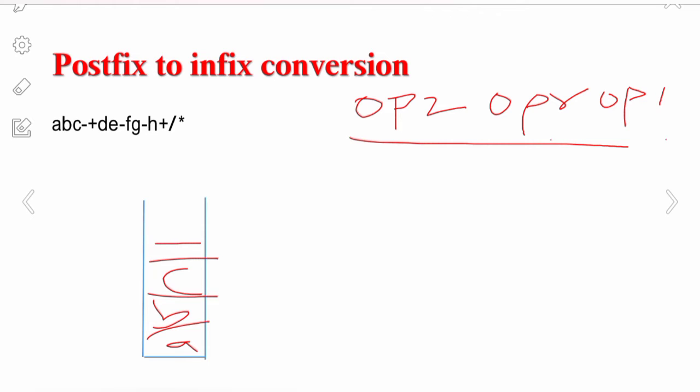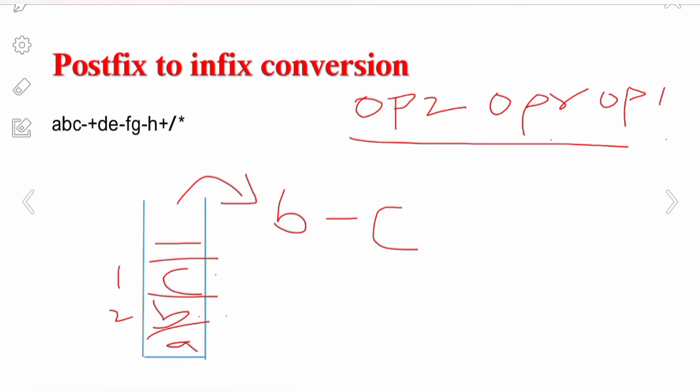So this is the operand 1 and operand 2, okay. So here operand 1 and operand 2 are available now, that is operand 1 is C and operand 2 is B, okay. So now we are going to pop the elements out of the stack, that is B minus C, right, operand 2, operator and operand 1.